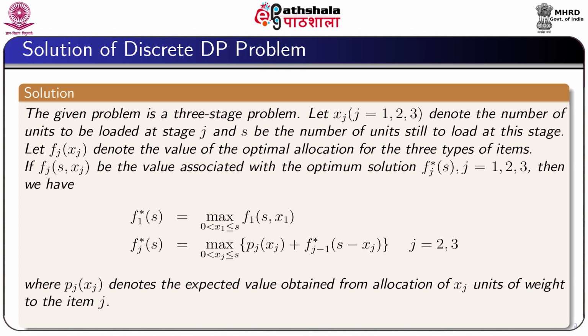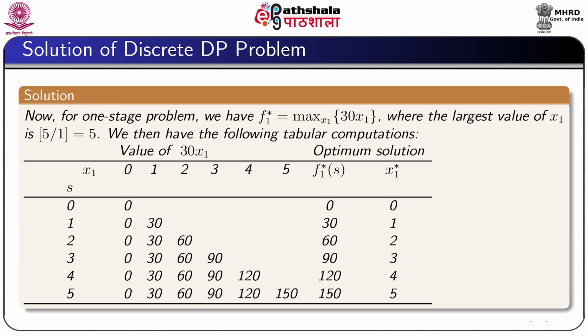Here pj(xj) denotes the expected value obtained from allocation of xj units of weight to the item j. Now, for the one-stage problem, we have f1* equal to the maximum of 30 x1, where the largest value of x1 is 5.